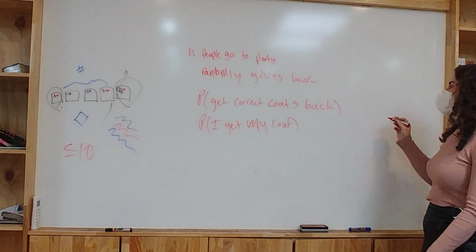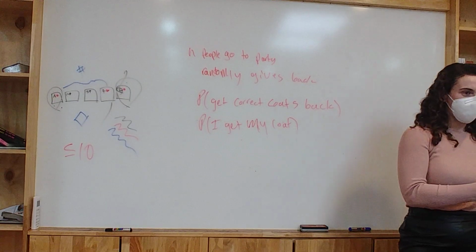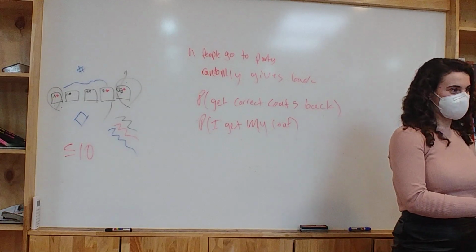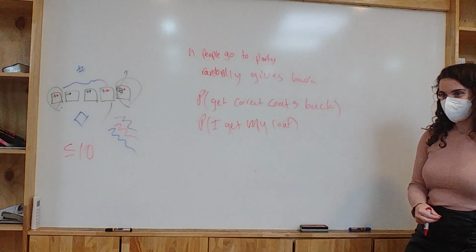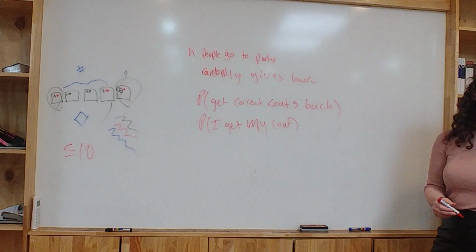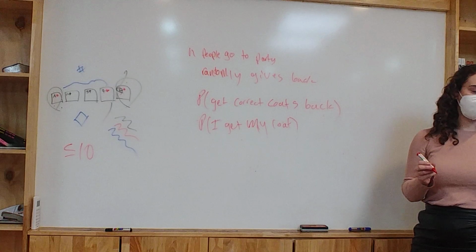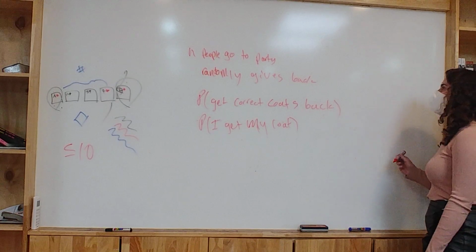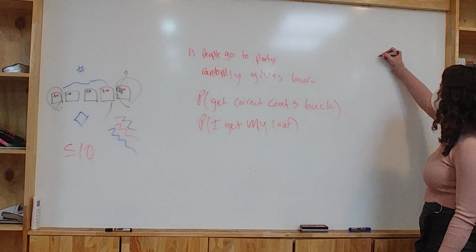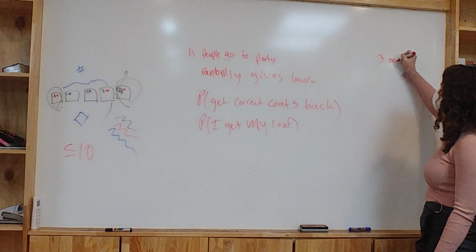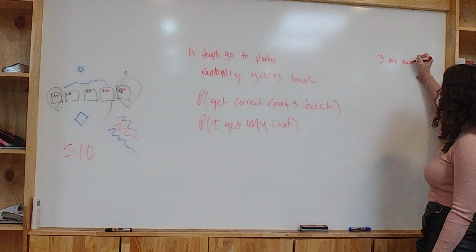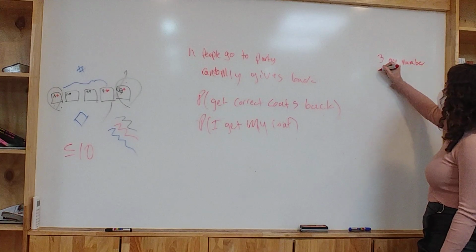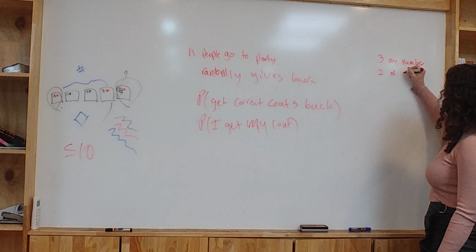I deal you 5 cards of a deck randomly. What's the probability that you have 3 of one number and 2 of another number?